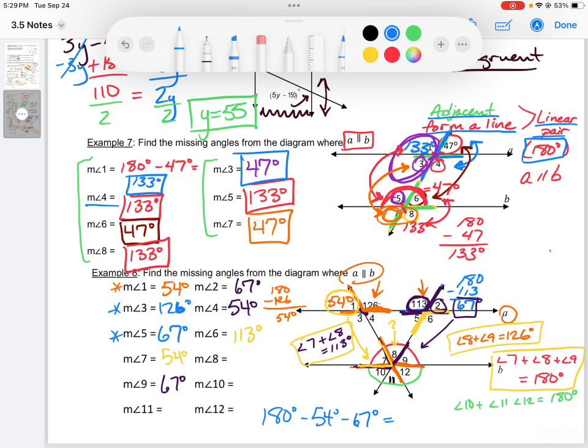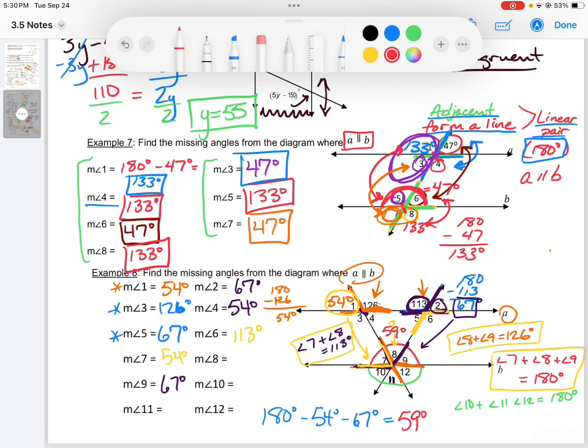So when we calculate 180 minus 54 minus 67, we get a remainder of 59 degrees for angle 8, 59 degrees.